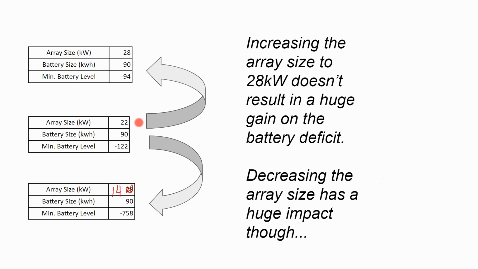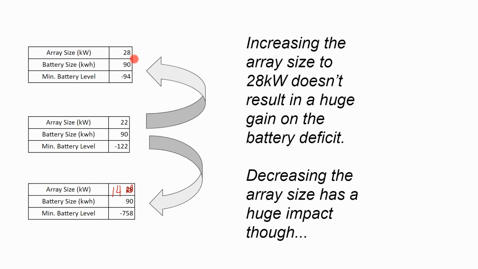But decreasing it from 22 to 14 takes my minimum battery level down by 600 points. So it is 30 points for the next array size up, down by 600 points for the next array size down. So, you know, for this particular design iteration, 22 kilowatts is pretty good.